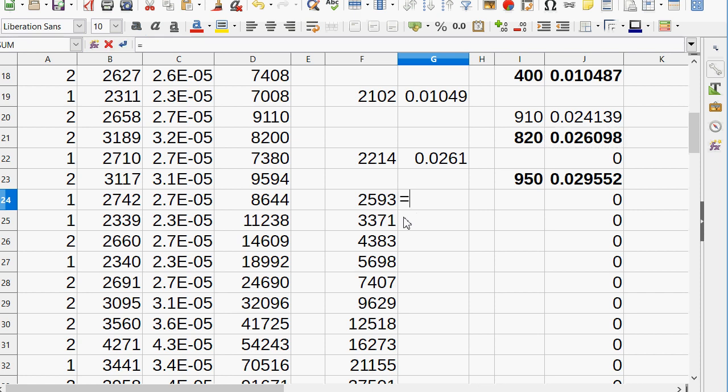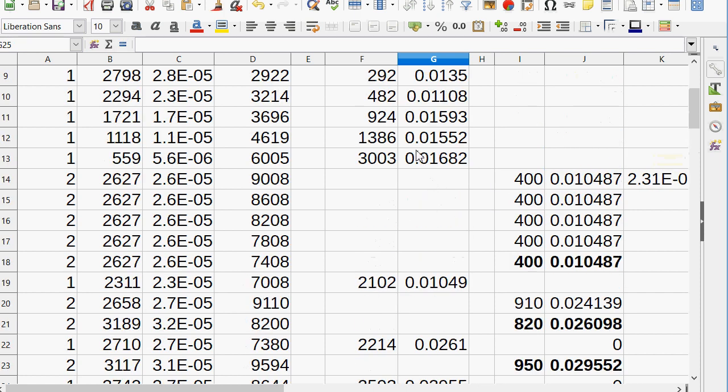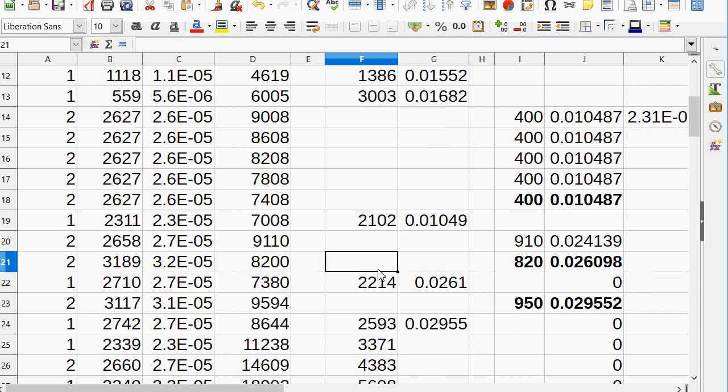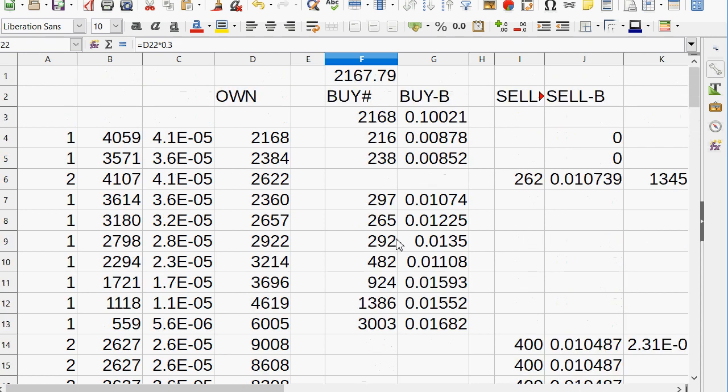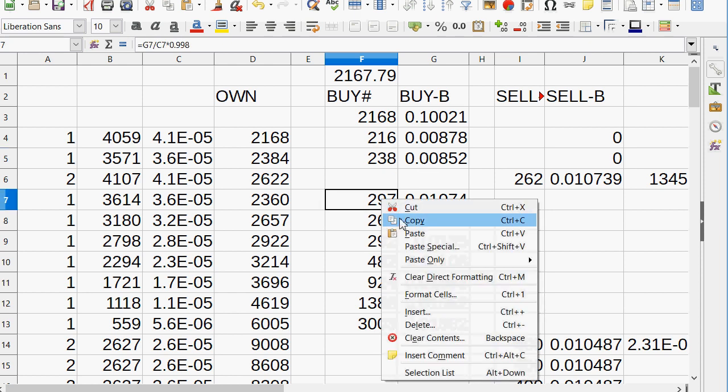And then put in equals. Equals. See, these I put in manually. I believe I buy number there 216, 238. I need this formula is what I'm looking for here.